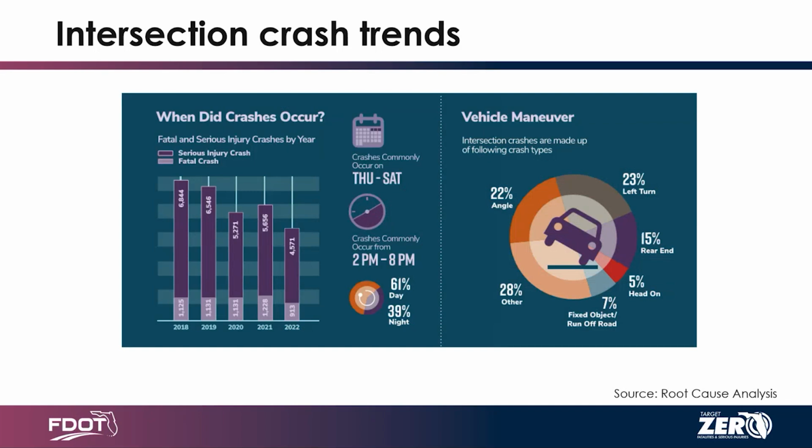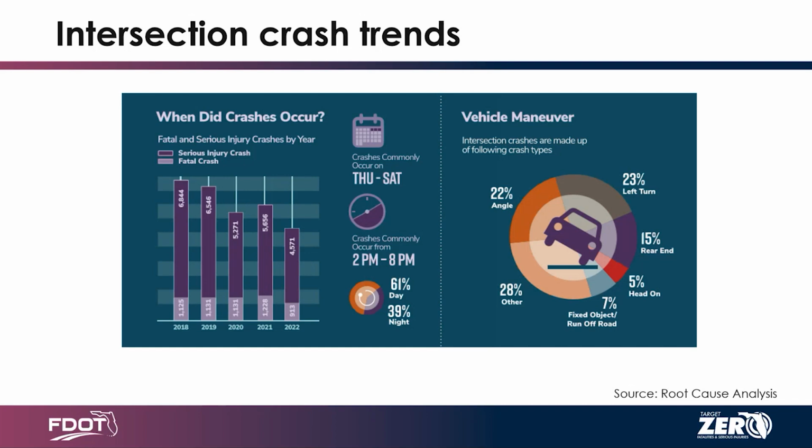And so the crashes commonly occurred Thursday through Saturday at intersections, and generally in the afternoon. Looking at the vehicle maneuvers, it's a mix in which fatal and serious injury crashes occurred.